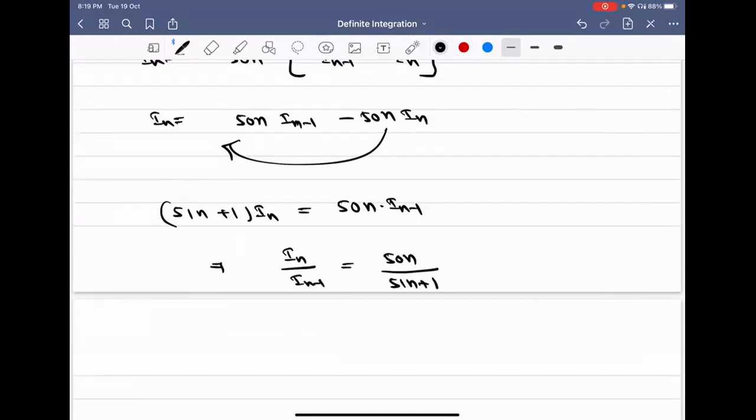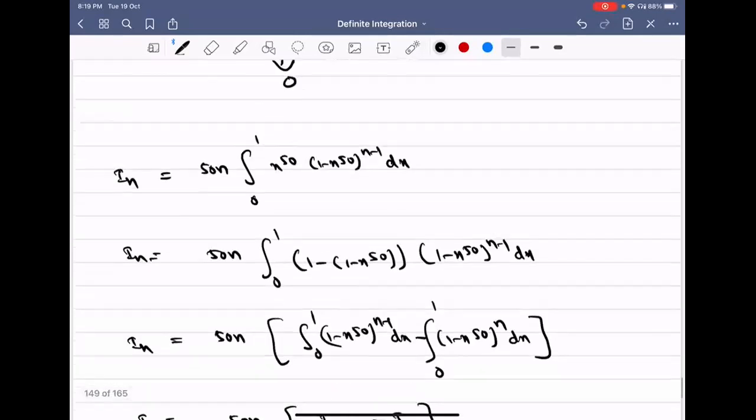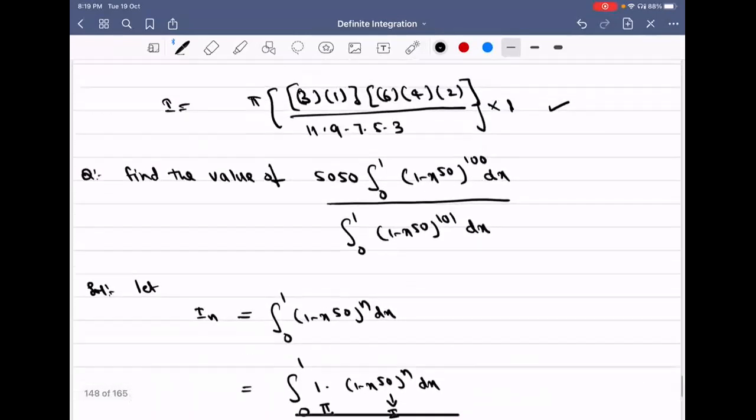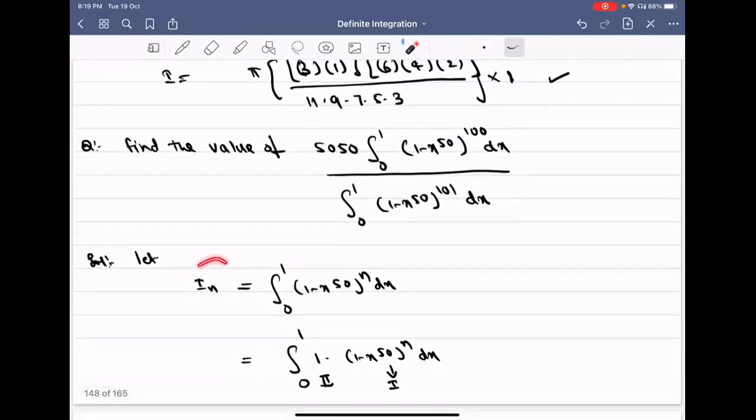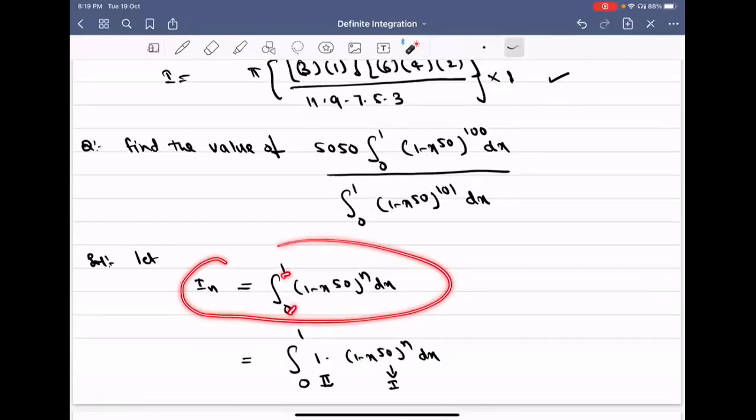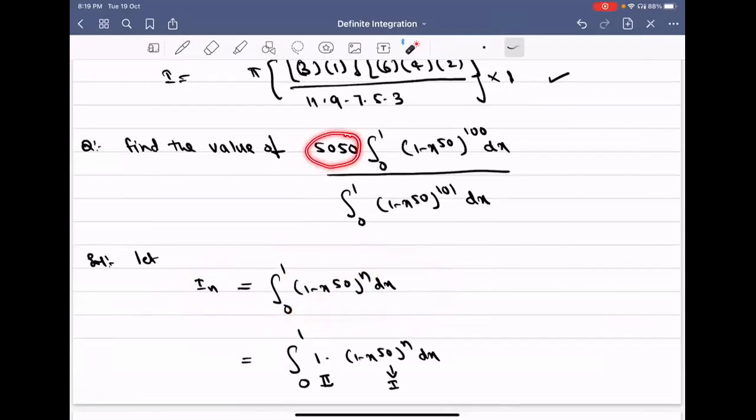But our required value, if you see the question, is this. Here we considered In as the integration of 0 to 1 of (1 minus x power 50) whole power n, but here we need 5050 into this by this.